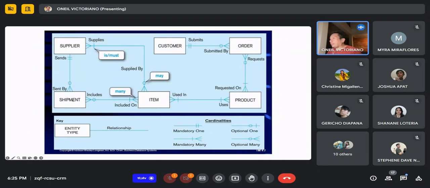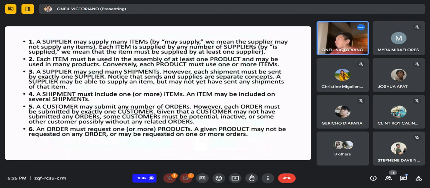And of course, a shipment is connected to one and only one supplier. The shipment would have one or many items, and the items might be included in many or zero shipments. Why zero? Because the item might not be shipped under that particular shipment ID, or particular shipment record. So these are just examples of depicting relationships, or what we call cardinalities.